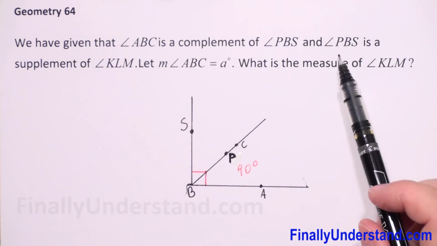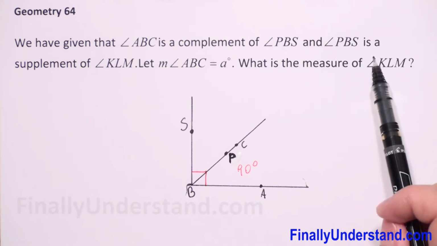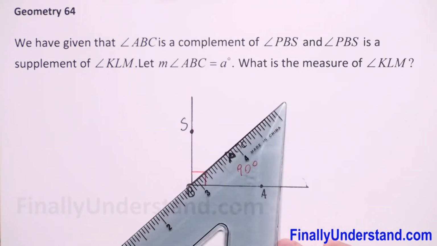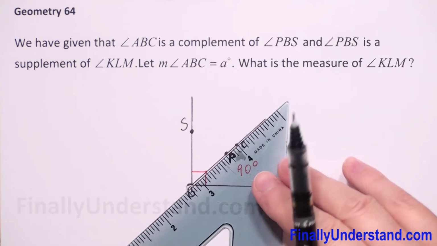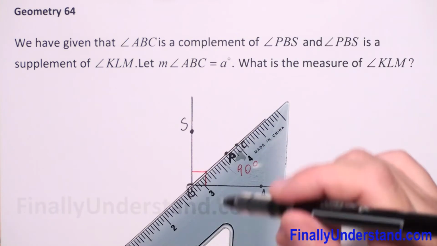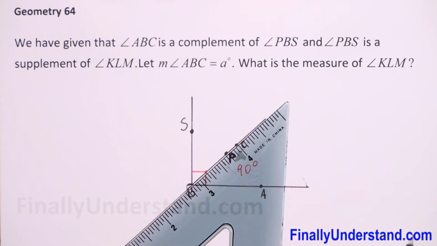What else are we given? We are given that angle PBS is a supplement of angle KLM. So it means that the sum of angles PBS and KLM gives us a straight angle, which means 180 degrees. So this is our straight line, the straight angle.